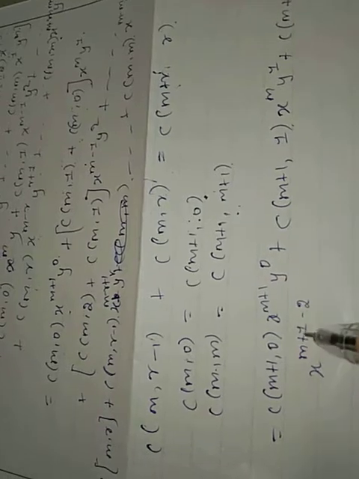So here we are rewriting x^(m-1) as x^(m+1-2), which is again m-1, into y squared, plus so on, plus C(m+1,r).